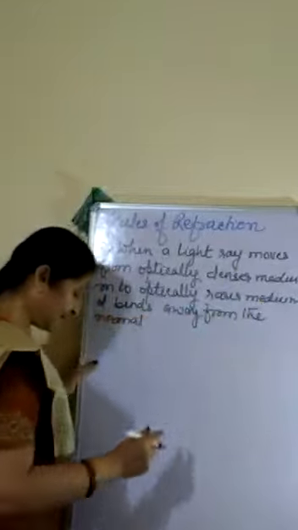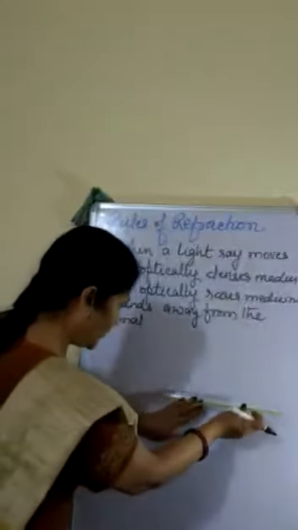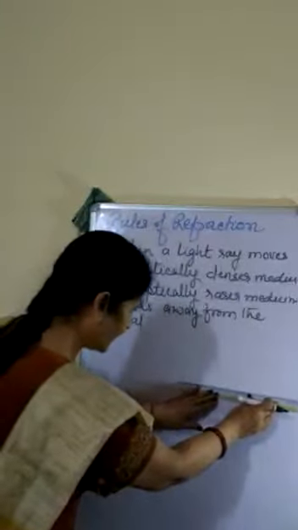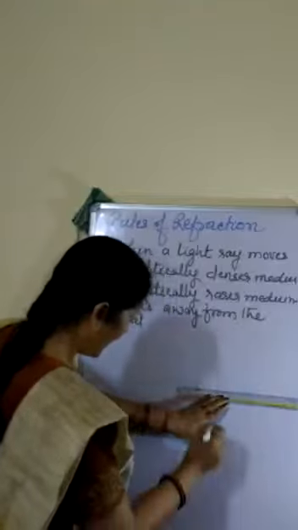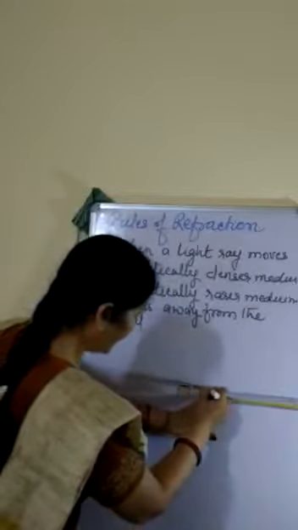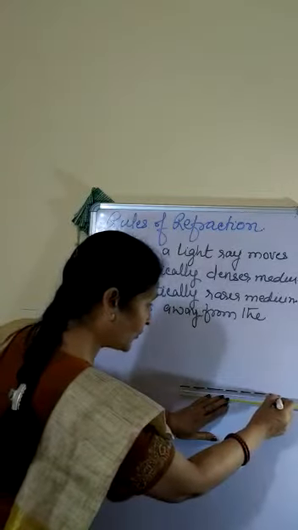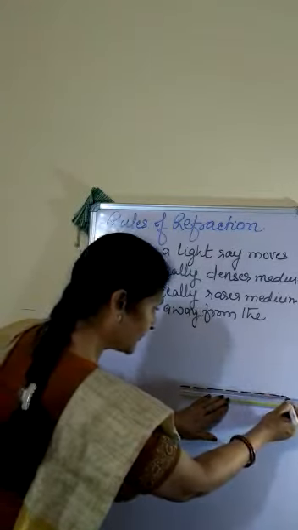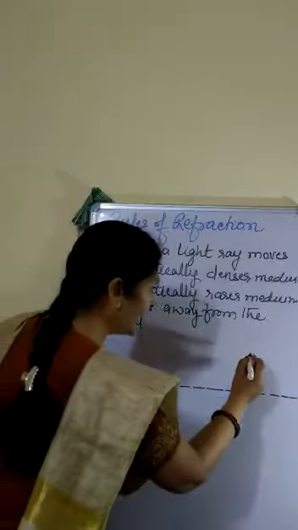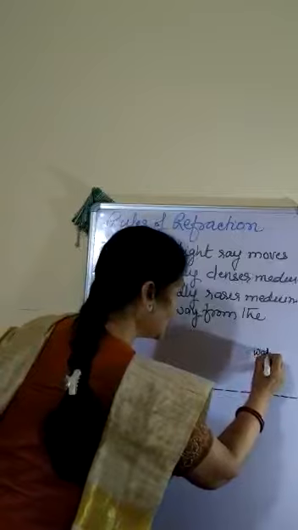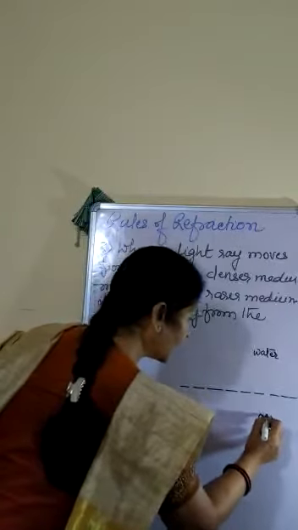And we will draw it as, again we will take two medium. In this case, I will take air below and water above, because we have to pass a light ray from optically denser medium to optically rarer medium.